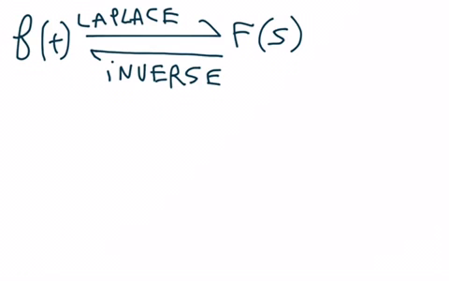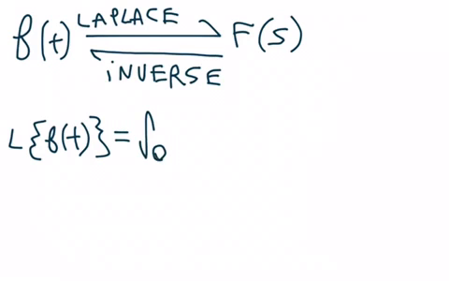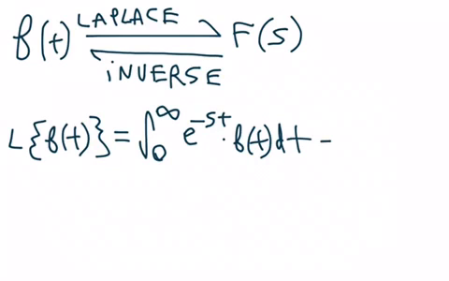Well, the Laplace states that the Laplace of f of t is equal to the integral from 0 to infinity of e to the minus st times our f of t dt. And that is simply f of s. And then to get back our f of t, we do the inverse.